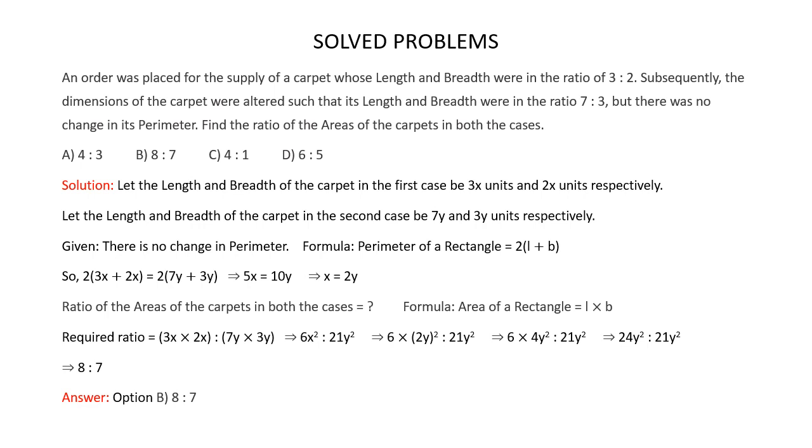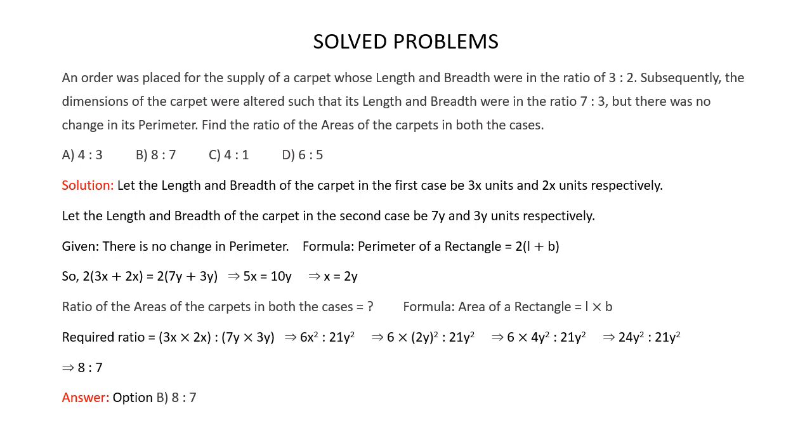Now it's given that there is no change in perimeter, which means the perimeter of the carpet in the first case is equal to the perimeter of the carpet in the second case. Now we know that the perimeter of a rectangle is equal to 2 multiplied by length plus breadth.